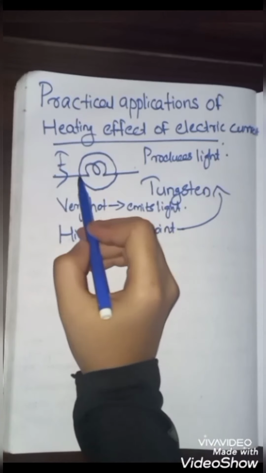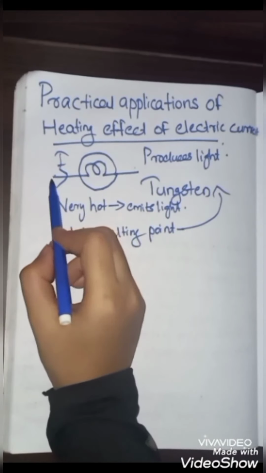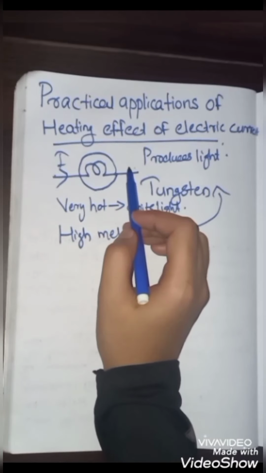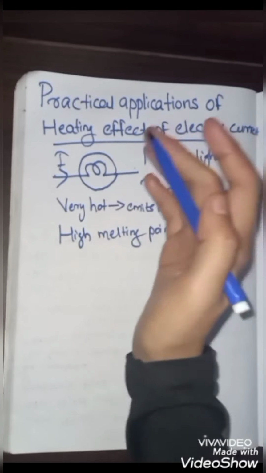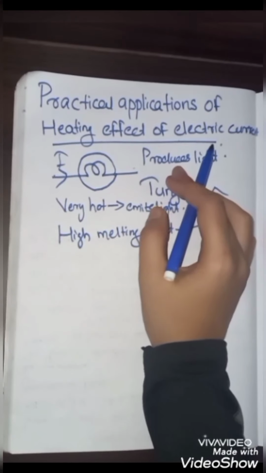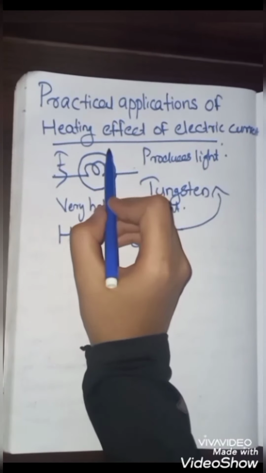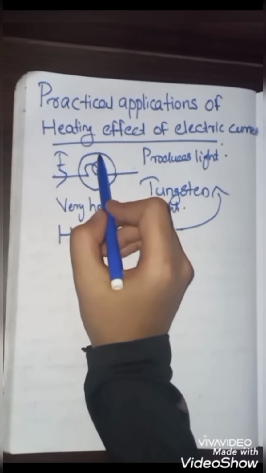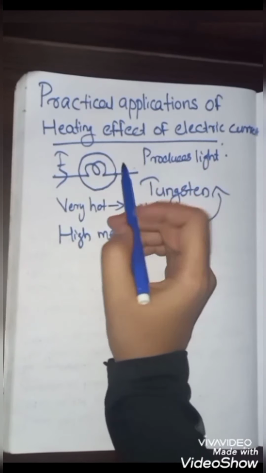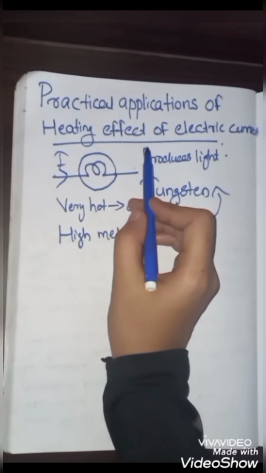Because of the high resistivity, more current is blocked here and only some current passes through, and that energy is converted into heat. The filament gets hotter and hotter and emits light.